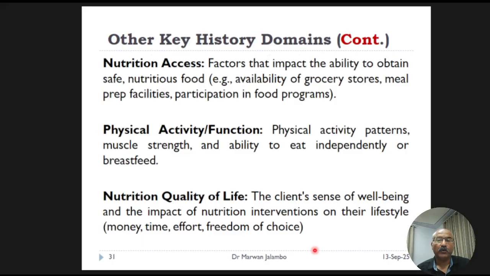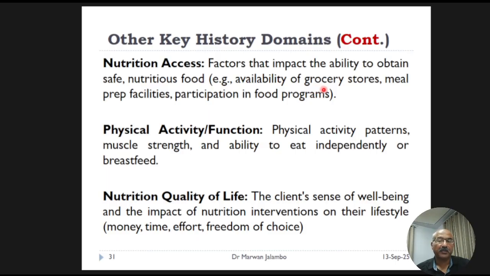Moving on, we also need to assess a client's life context. Nutrition access explores the social determinants of health. Can the client actually obtain safe and nutritious food?